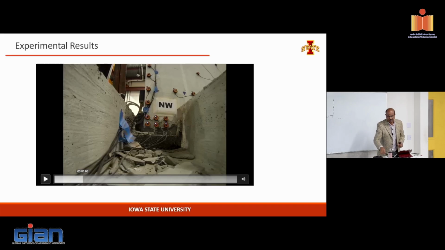if you look at the plan view, if this is the wall, and if this is your core, basically what you're seeing is the concrete coming off.